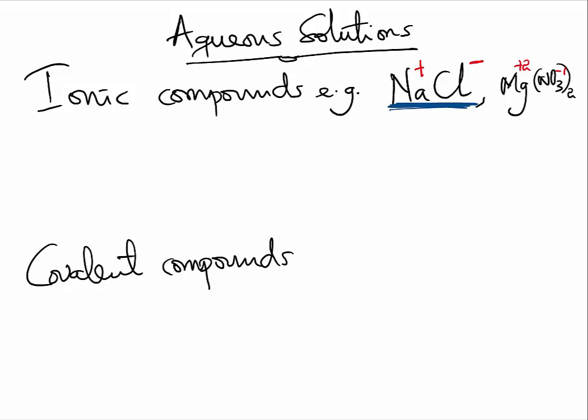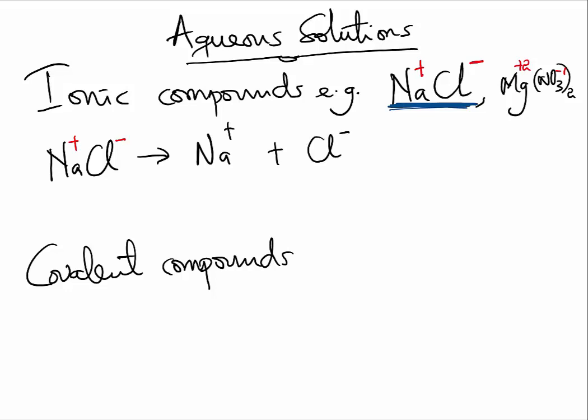Now, if we have an ionic compound and we dissolve it in water, for example, sodium chloride, which, as we already know, has these charges, if we dissolve it in water, it will dissociate into the ions.